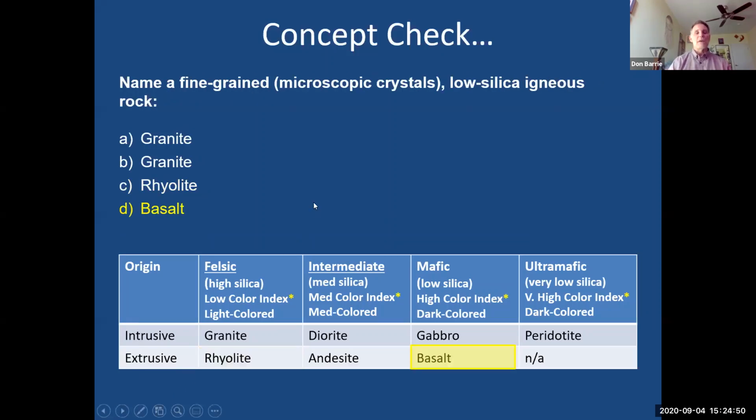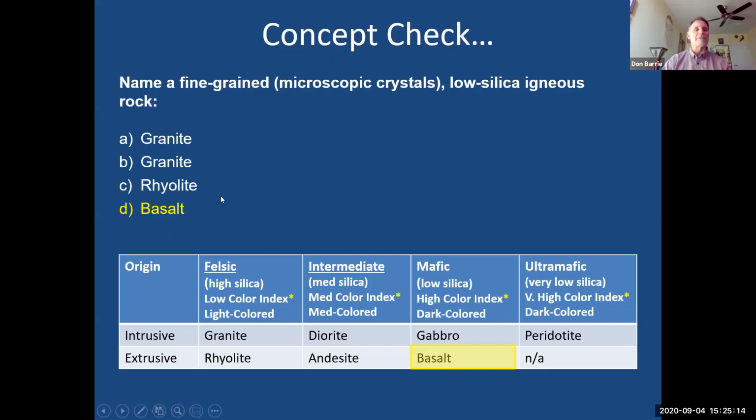What about this one? Name a fine-grained, low silica igneous rock. Here again, if you read the question carefully, you'll see that I embed the critical information in the description. I could show you a picture of this rock, I probably would on an exam, but technically you don't even need to see a picture of the rock to formally name it and classify it. I give you all the information you need in the description.